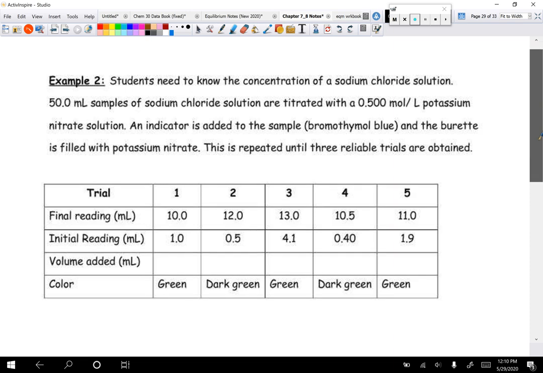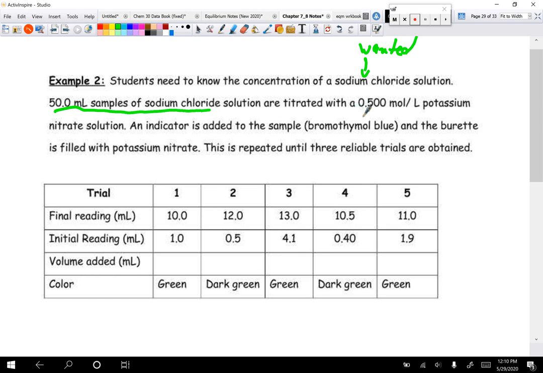So for this one, if we read carefully, we see students need to know the concentration of a sodium chloride solution. So obviously sodium chloride is going to be our wanted thing. So we have 50 milliliter samples of sodium chloride. Okay, so we know this is part of our wanted.